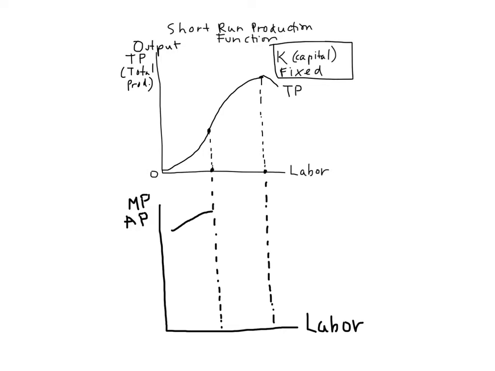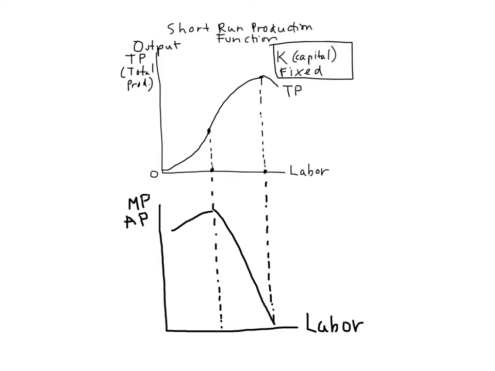And as long as that is still positive, the total product is still going up, but it's going up at a slower and slower rate. That means that the marginal product is actually falling.